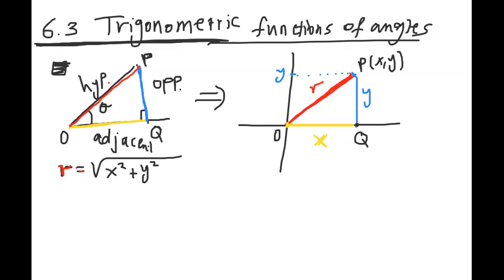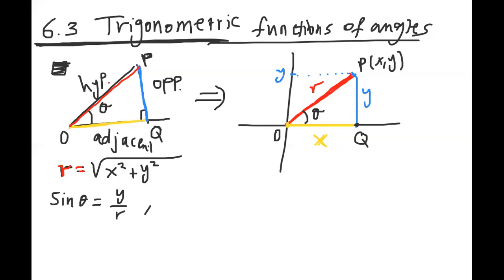Okay, so r equals the square root of x squared plus y squared. By using this method, we can find the trigonometric functions. The sine of theta is y over r, from the graph: y is the opposite, over r, the hypotenuse.